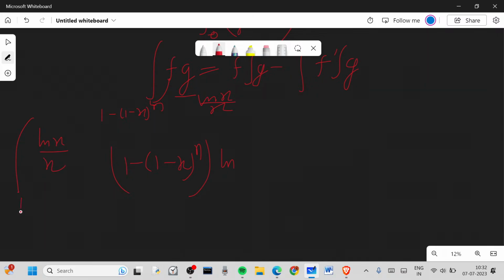Putting ln x as t, dx by x is dt. Oh no, it's not giving us ln x squared, it's giving us ln of ln x. No, no, sorry, my bad.